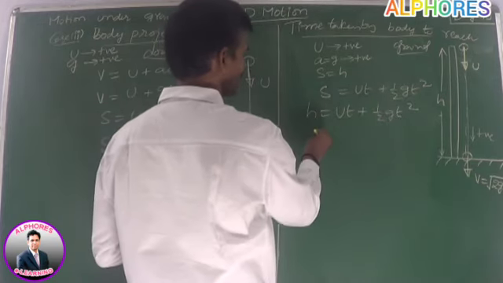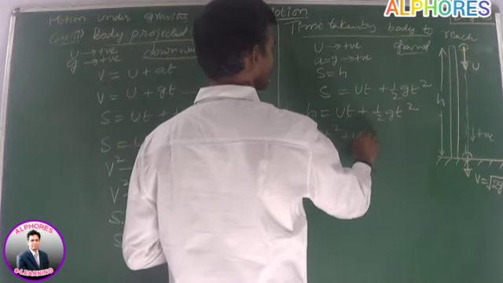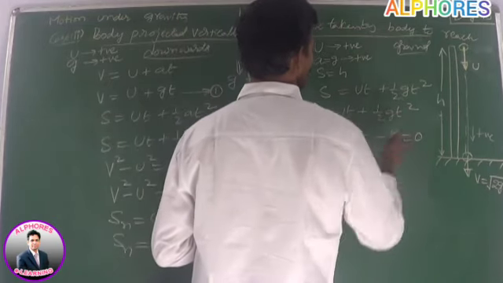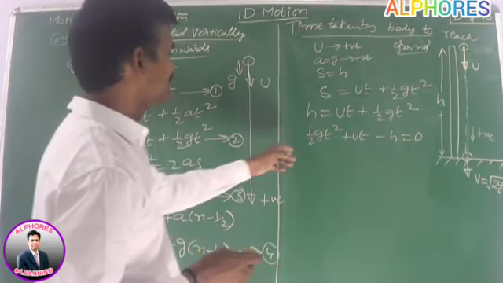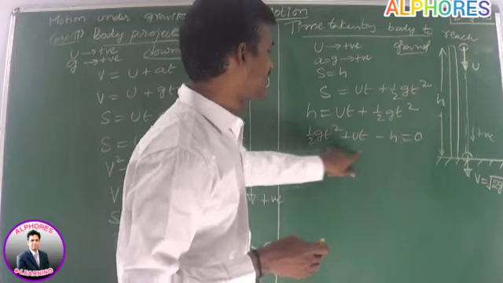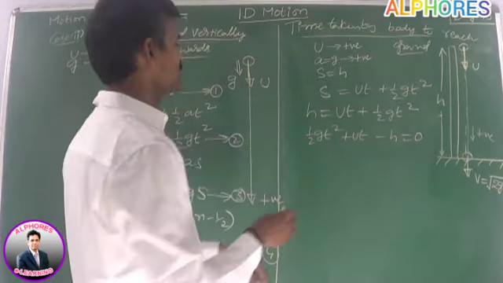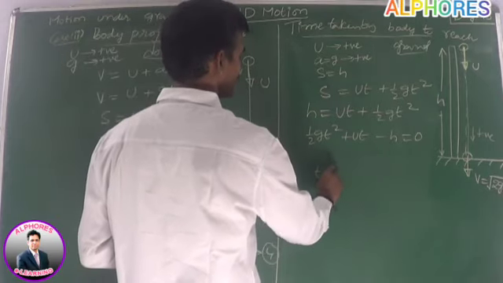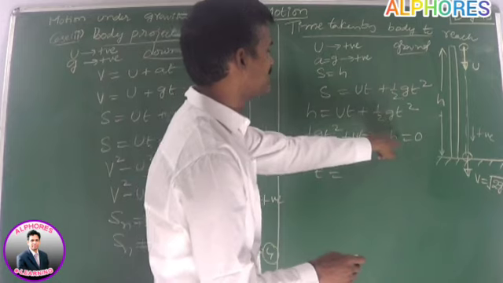From this I can write half gt square plus ut minus h is equal to 0. It is a quadratic equation in time. To get the time, we have to write the solution of this quadratic equation. It is like ax square plus bx plus c equal to 0.